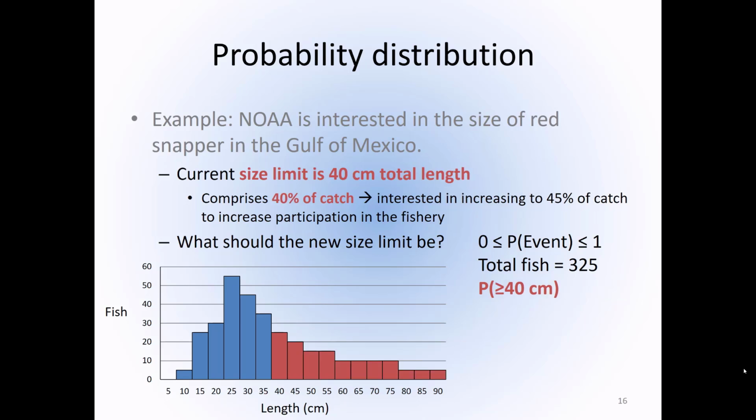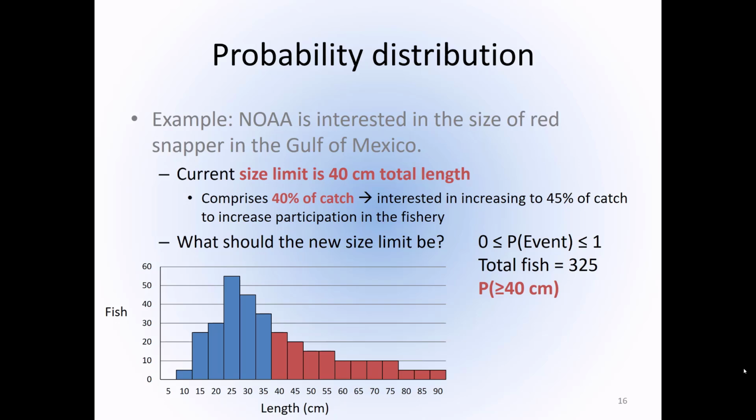Now for the question of interest, we're interested in knowing how we should change our size limit to accommodate a greater proportion of our total catch. So we know that the current size limit is 40 centimeters in total length, and so this would include fish in all size classes that are 40 centimeters and larger.